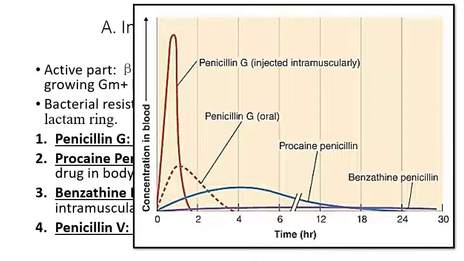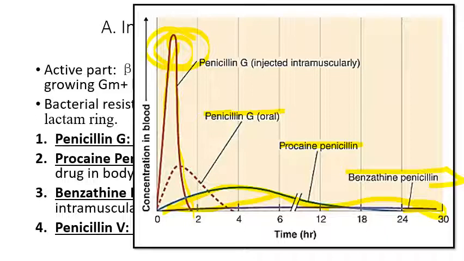All right, now this graph is interesting and important. You inject penicillin G into the bloodstream, it reaches a very high concentration, and then it decomposes very quickly and it's gone, and then you have to inject it again. Okay, then don't worry about this one for a minute. Then we have the procaine penicillin, which has longer longevity, and then we have the benzathine penicillin, which if you inject it into the muscles, lasts for a very long time, for 30 hours.